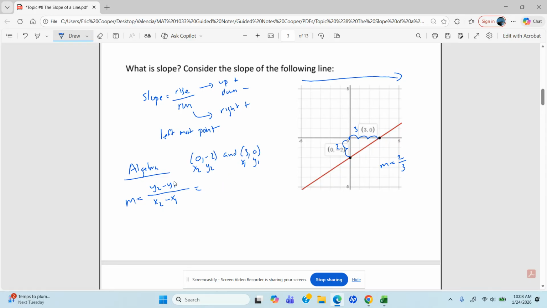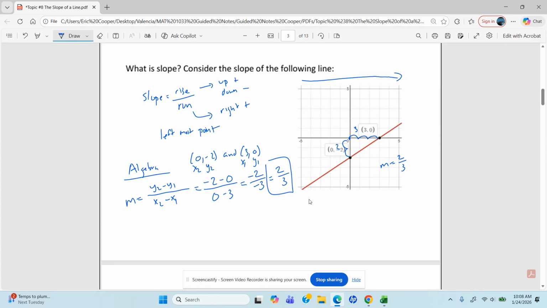So when I go to plug it in, it's y2 minus y1, negative 2 minus 0, over x2 minus x1, 0 minus 3. From there we see negative 2 minus 0 is negative 2, 0 minus 3 is negative 3, and 2 negatives make a positive.